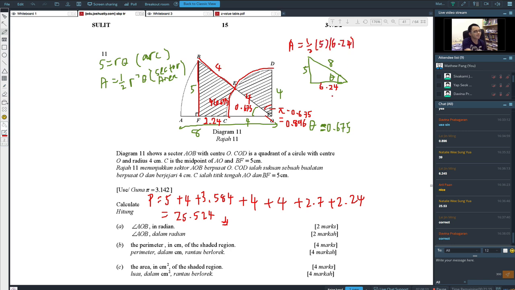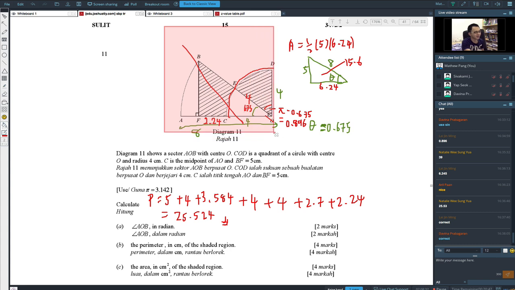It's 15.6, so the whole area of the triangle is 15.6. Then I will need something else. I do not need the length anymore, but I definitely need the angle, later.